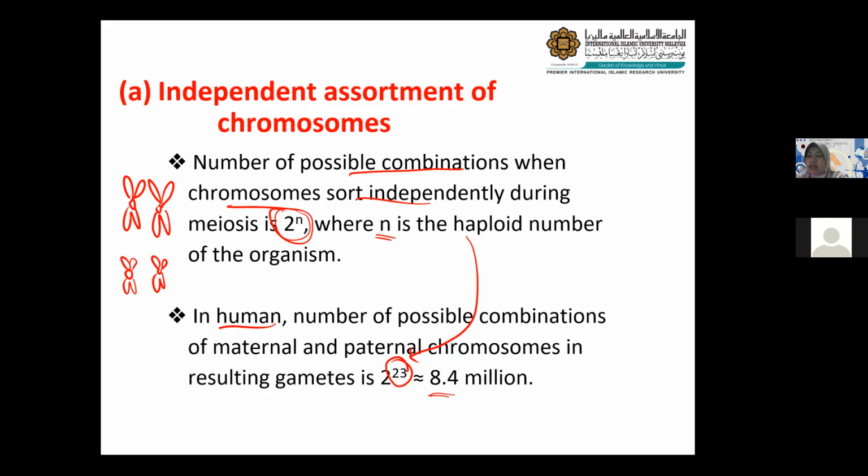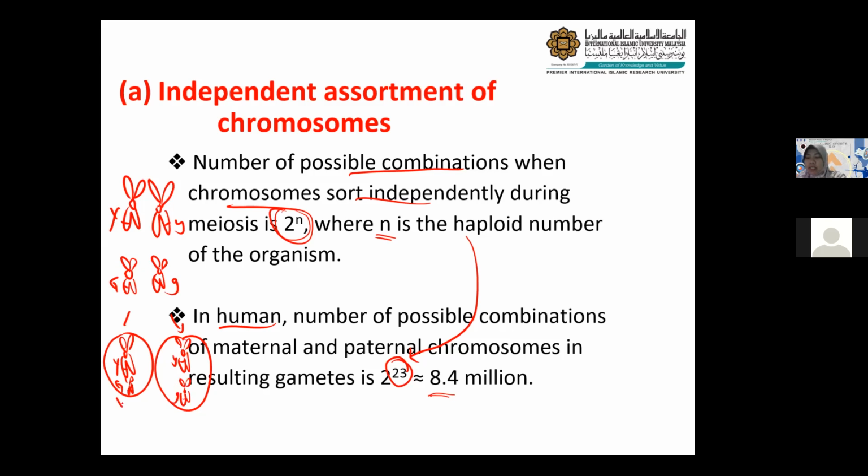Okay. Let's say this chromosome carries gene capital Y, this one is small y, and this is capital G, small g. Remember, during meiosis, you might have one combination of gamete, the first combination is capital Y and capital G. The second combination when the meiosis takes place, you might have small y, small g, right?